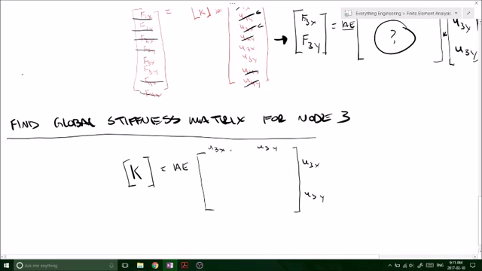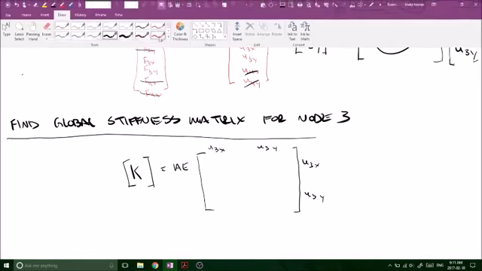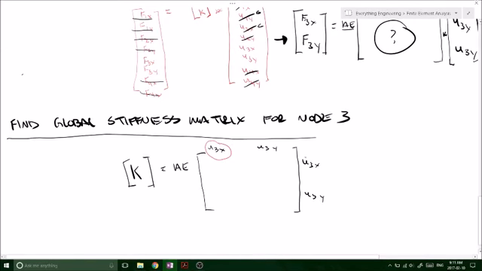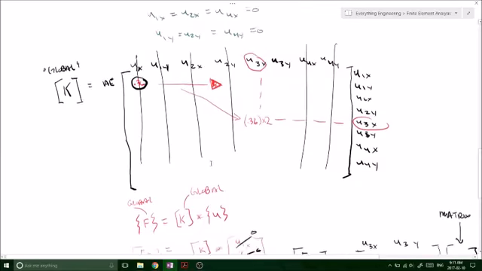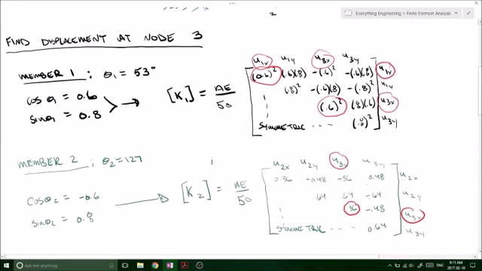So you do the exact same thing. You look at your local stiffness matrix and you match up everything that has a U3x and add them into this component here. So let's look at our local stiffness matrices.